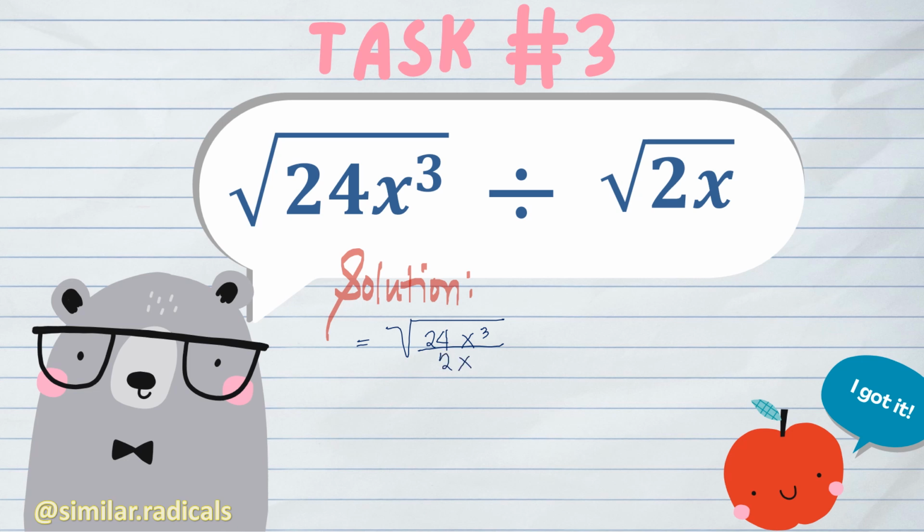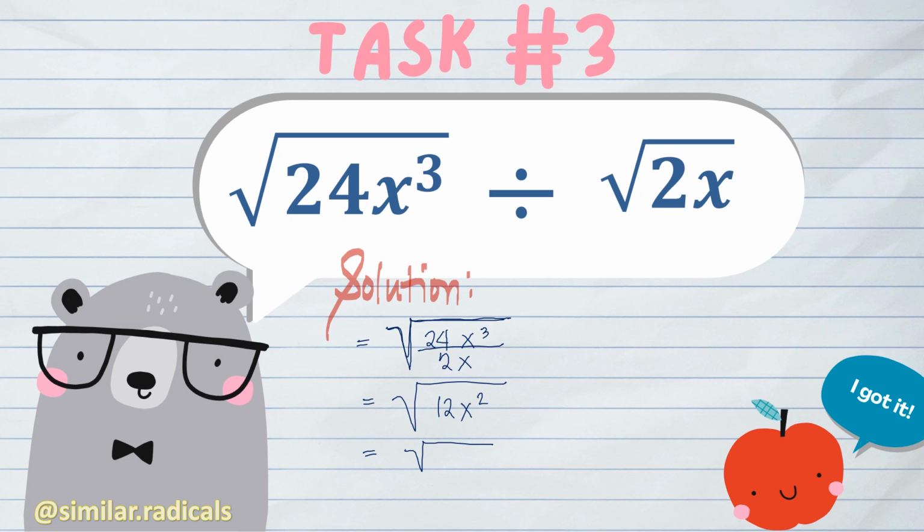We're going to write it in one radical sign, just one form, and let's assume that we are simply dividing polynomials: 24x cubed divided by 2x is 12x squared. So we do have 12x squared, and now let's simplify.